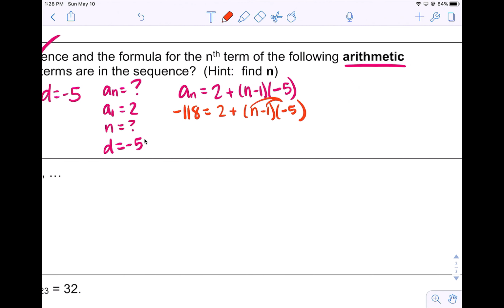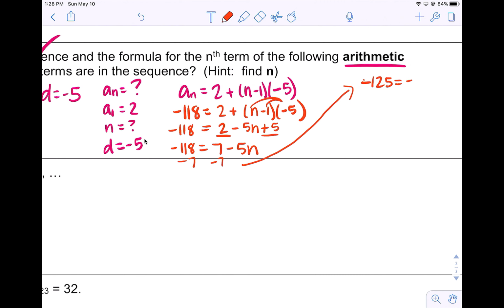So if I backwards distribute, I would have -5n plus 5. Combine your like terms, so -118 equals 7 minus 5n. I'm going to subtract 7 and bring all that over here. And then divide by -5.